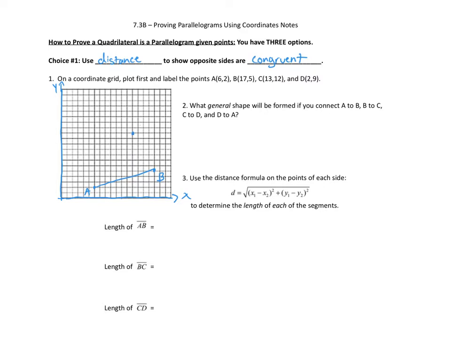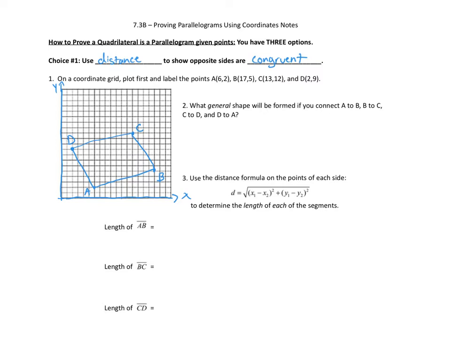So this will be C. Let's graph D. D is (2, 9). So 1, 2, up 9: 1, 2, 3, up to 9 here. So this would be D. Let's connect all the remaining points, here and here and here, like so.